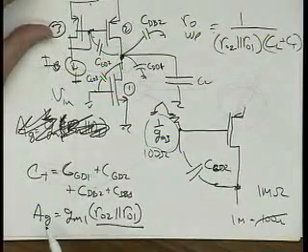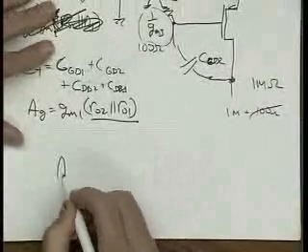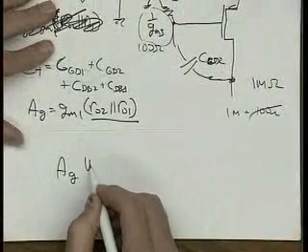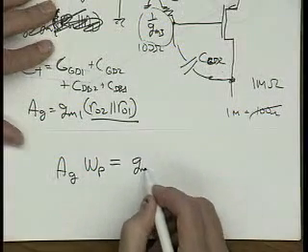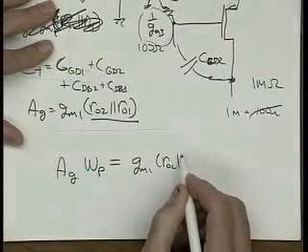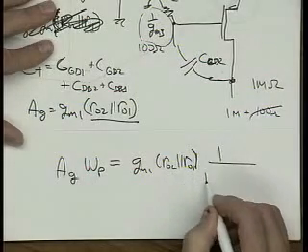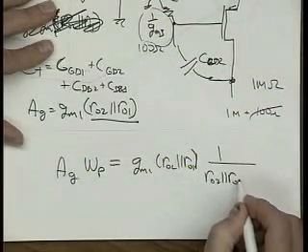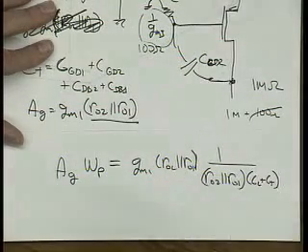Notice if I take A sub G and multiply it times omega p, what does that come out to be? It's GM1 times R02 in parallel with R01 times 1 over R02 in parallel with R01 times CL plus CT.